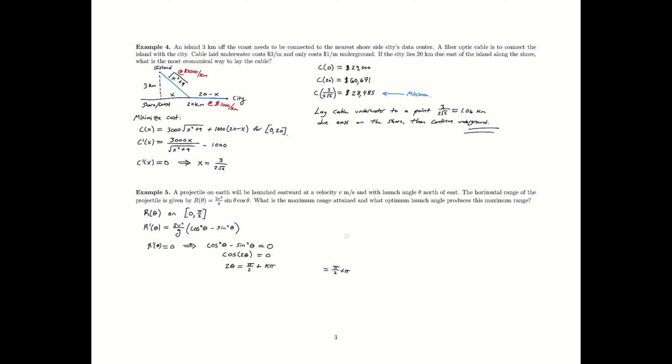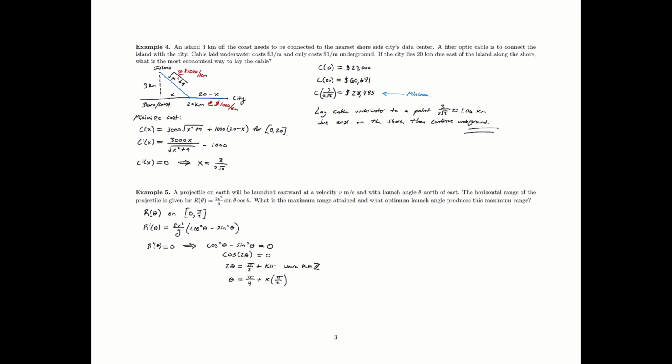But because our domain here is only 0 to, well, actually, let's solve this first. Let's solve this for theta. So this would be pi over 4 plus a whole number multiple of pi over 2, where k is an integer.